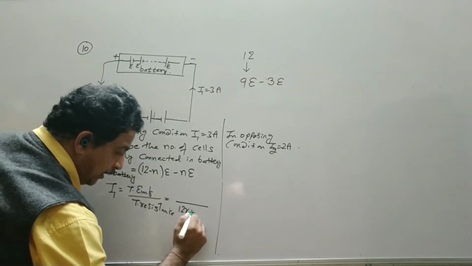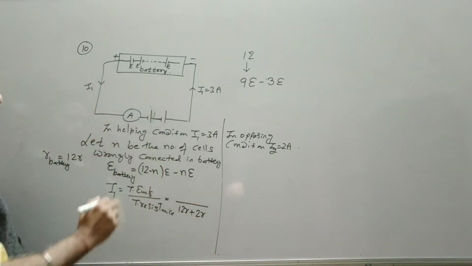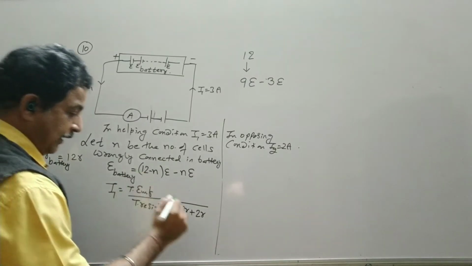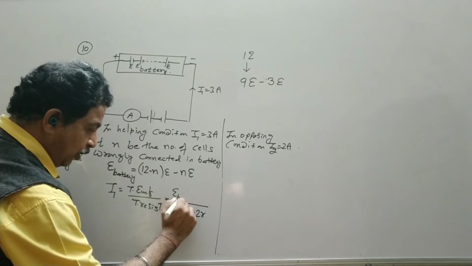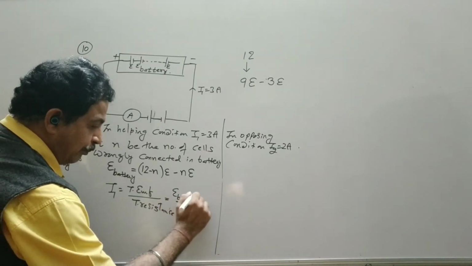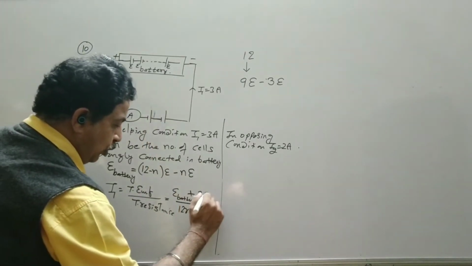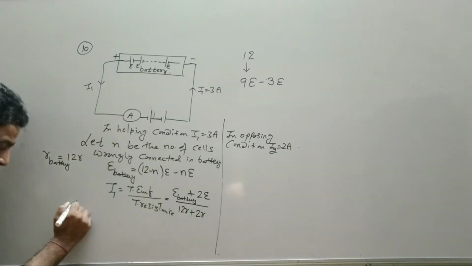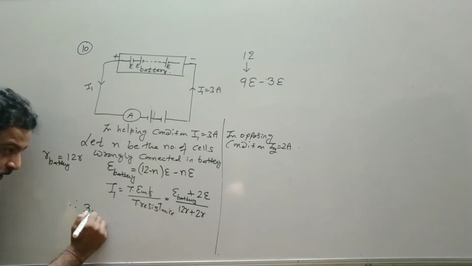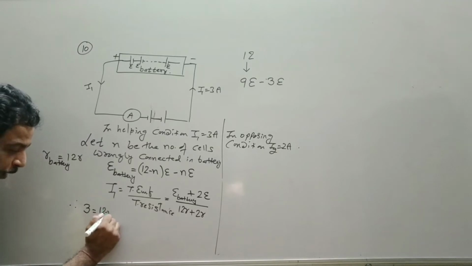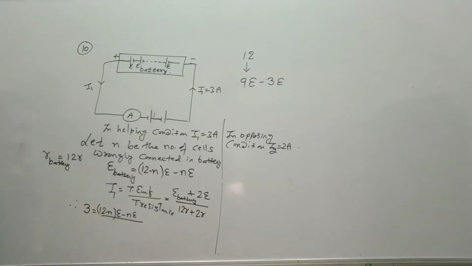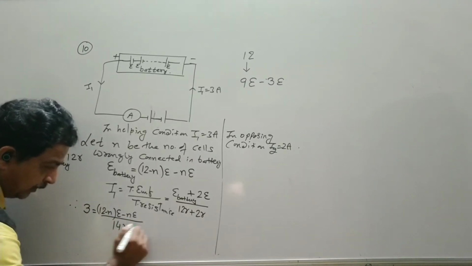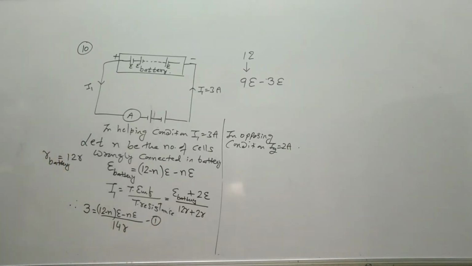So 12R plus 2R. Total EMF, that is EMF of a battery plus these 2 which are helping, so E of battery plus 2E more. Therefore, I1 is 3, so 3 is equal to ((12 minus n)E minus nE plus 2E) upon 14R. This is the total resistance of the entire circuit.